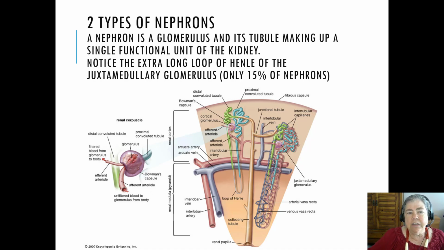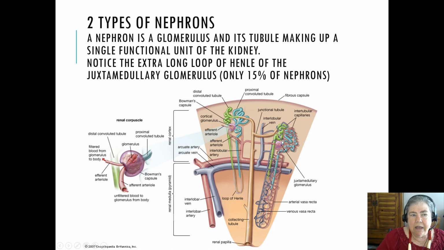There are essentially two types of nephrons. We talked about how the glomerulus is sitting primarily in the renal cortex and how the vasa recti and the tubules descend into the medulla, into the pyramids.